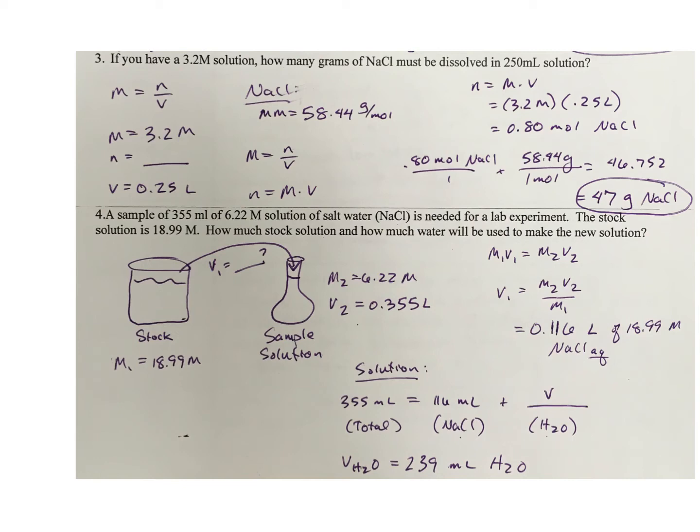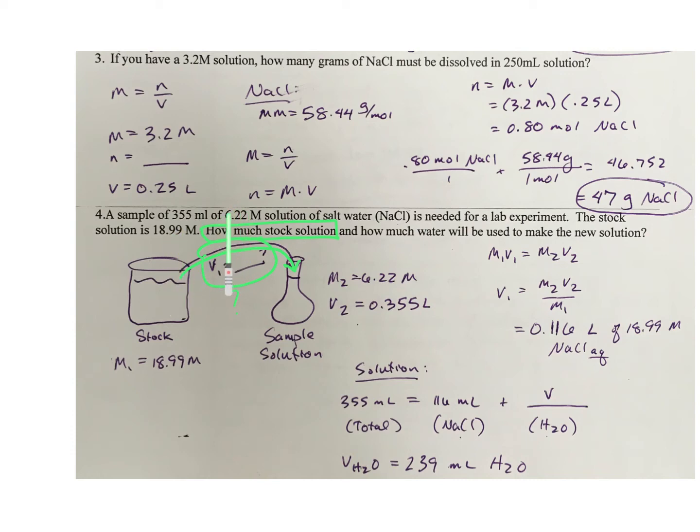Question 4 is one of the most commonly mistaken questions for students. They have a difficult time understanding what is V1. V1 is the amount that's transferred. So the question is, how much stock solution? That's V1, the amount that moves out of the original and into your final concentration. This question is changing a very concentrated stock solution to a less concentrated sample solution.